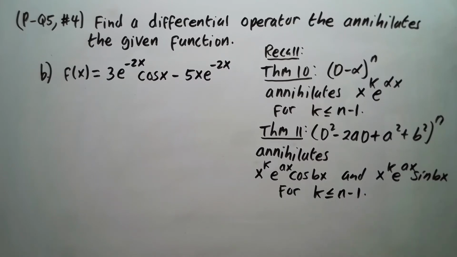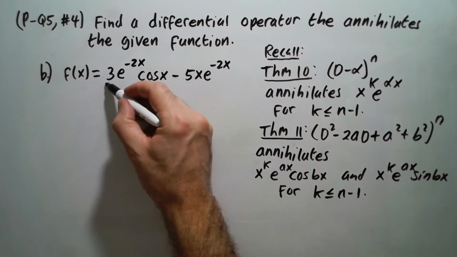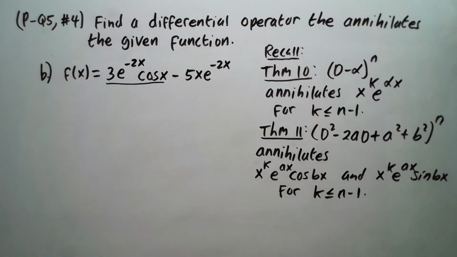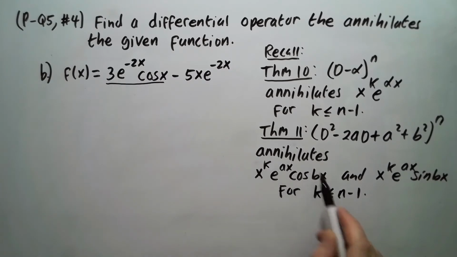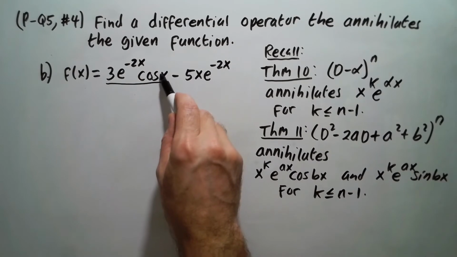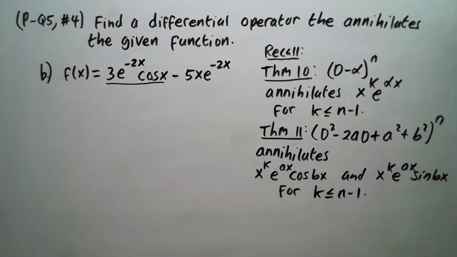Okay, so looking at this part here, applying theorem 11 to that, we can see then that our a will be minus 2 and our b will be the coefficient in front of the x here, just 1. Let's note that.